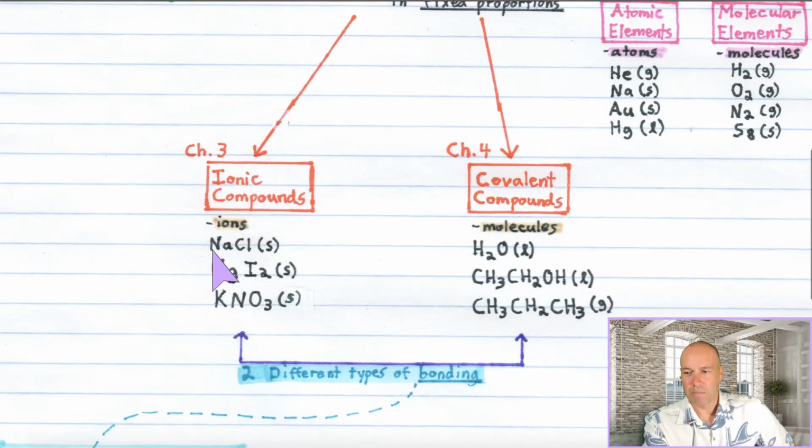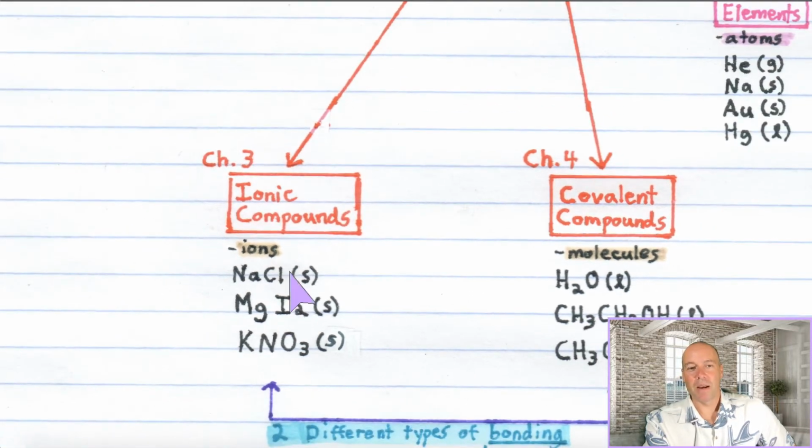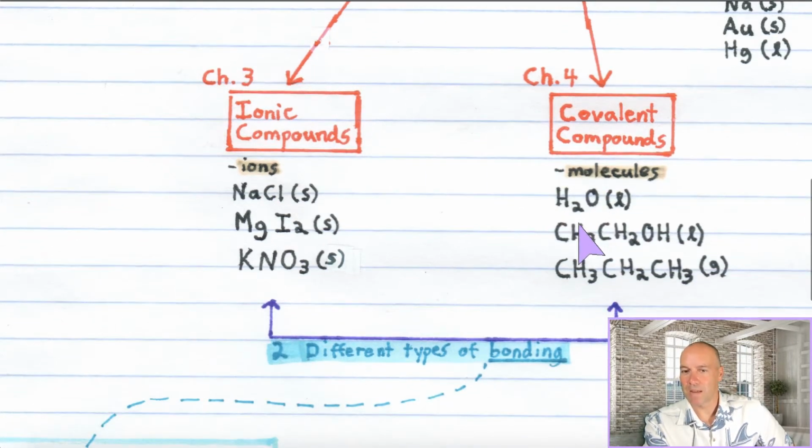You will always see a metal, so sodium, magnesium, potassium, and this is called nitrate. Whenever you see NO3, that's nitrate, so potassium nitrate. Okay, so ionic compounds, you'll see a metal and a nonmetal, but covalent compounds, it's just nonmetals.